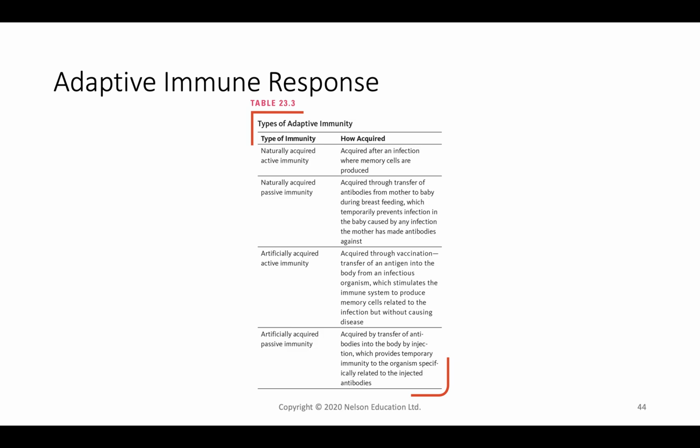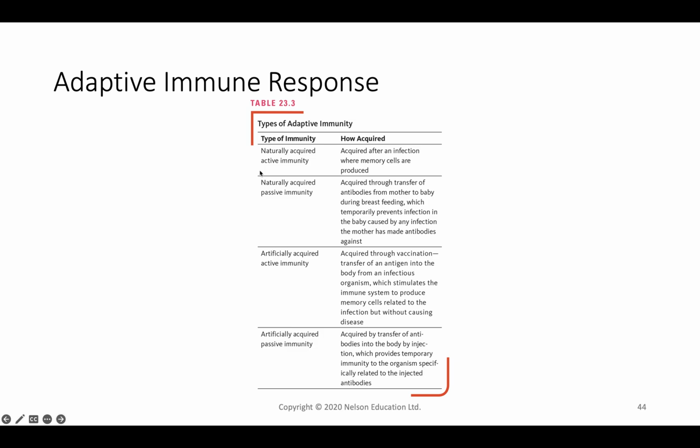When she creates her breast milk, she is going to secrete those antibodies into her breast milk during breastfeeding, which can cause a temporary halting of an infection response inside the baby. So any infection that the mother already made antibodies against, the baby might not fall sick to during the breastfeeding time frame.